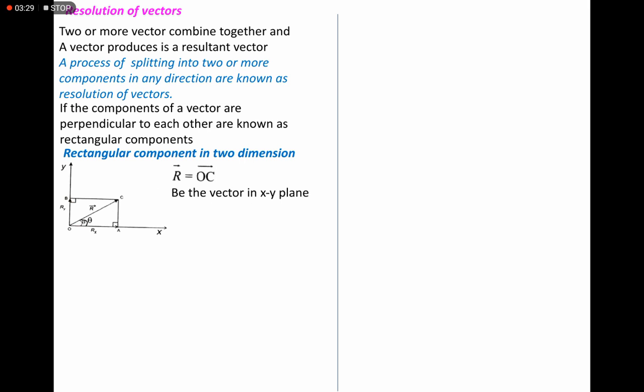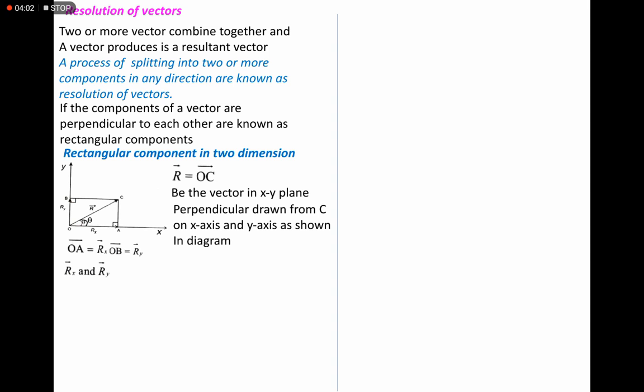OA bar is Rx bar and OB bar is Ry bar. These are the components of R bar along the x-axis and y-axis.